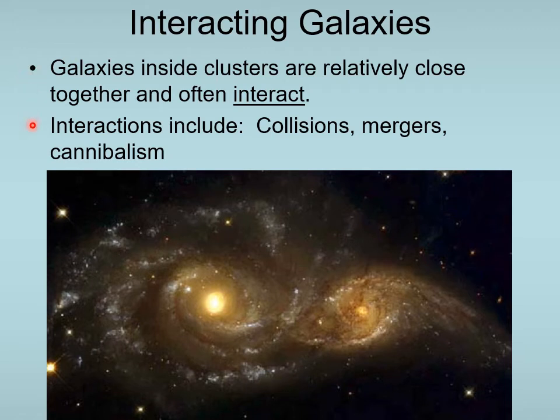So the interactions include collisions, which is shown here, where two galaxies are actually colliding against each other. Mergers, when later on these two will actually form a single larger galaxy, or cannibalism, where a large galaxy actually just consumes a smaller galaxy.